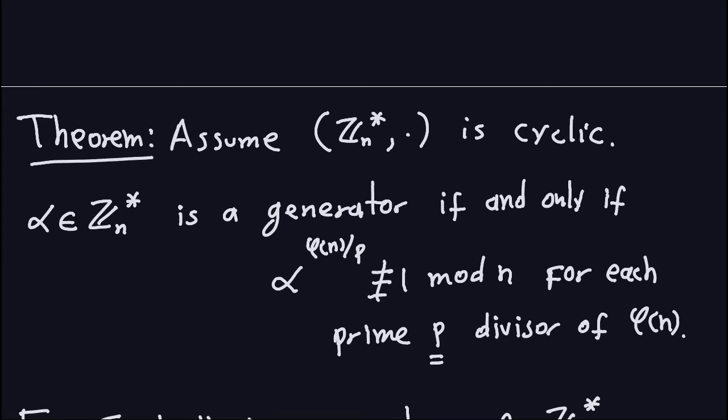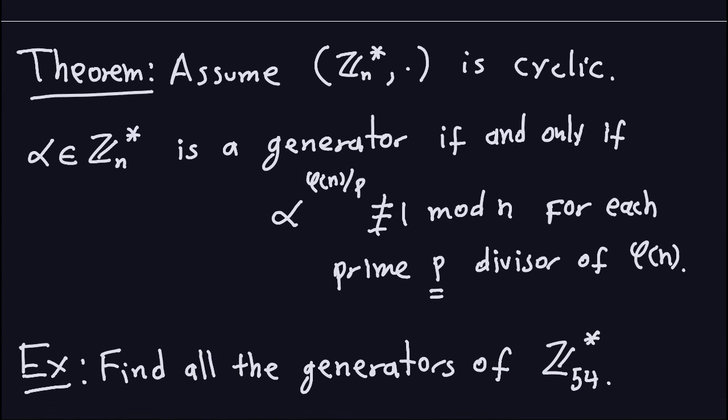Now, if you watched the previous videos, you realize that this is very similar to the criterion to check when an element of Z p star, with p prime, is a generator. It's exactly the same thing, only that here you have phi n instead of the prime minus 1. All right, so that's the criterion.